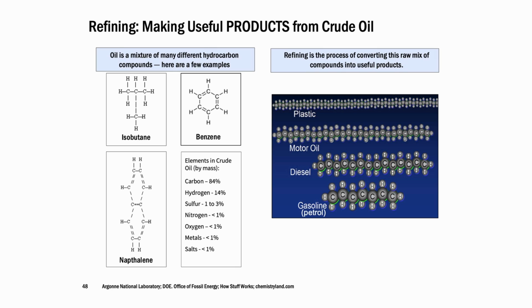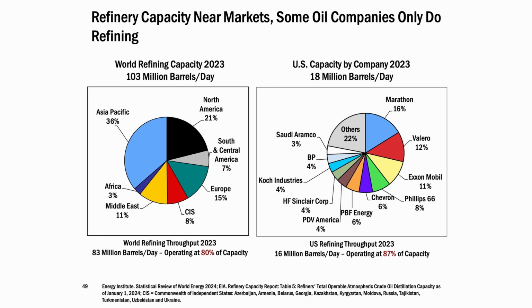So to give you a sense of where refining takes place, I mentioned a lot of times it's going to take place closer to markets. And so you can see much of the refining capacity is in Asia Pacific, North America, Europe, these big markets for the fuels. I put up the US capacity by company because it's usually surprising for people to see who are the actual leaders in refining capacity in terms of our oil companies.